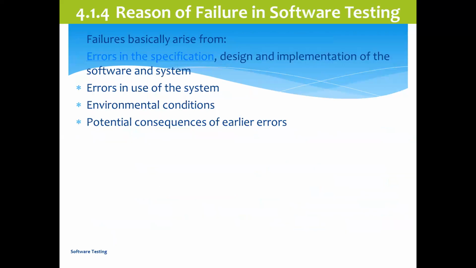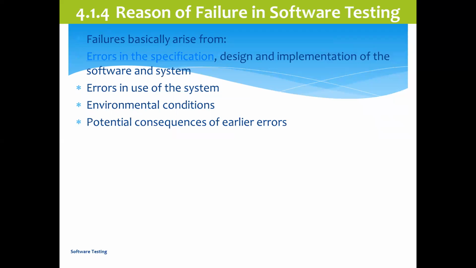Next, failures, basically, the reasons for failures in software testing. What are the various reasons available whenever you get some failure, meaning a defect or bug? Basically, these are a few reasons. First, errors in the specification. In the document which we are referring to, there may be some mistake given from the client side or by whoever prepared that document.